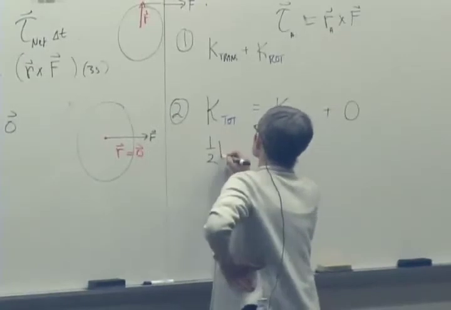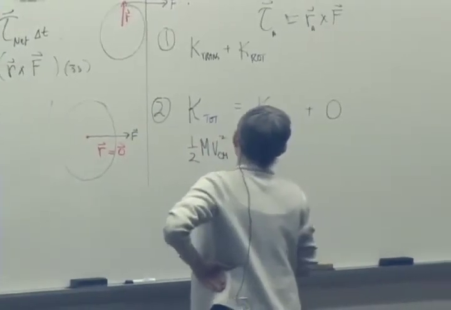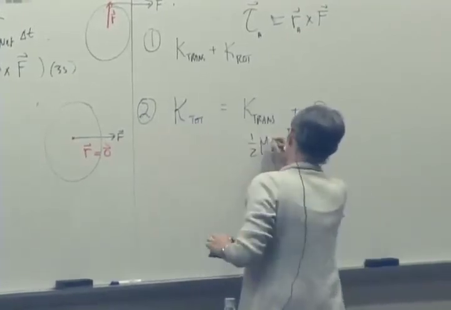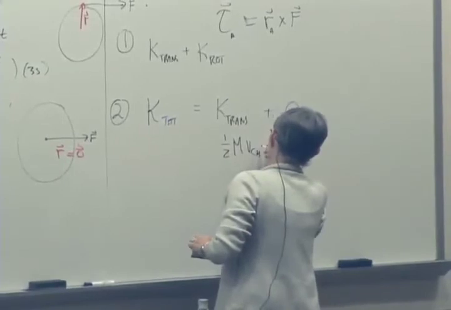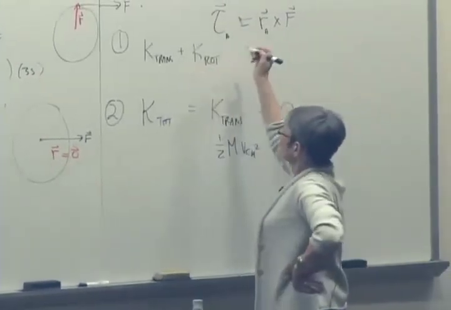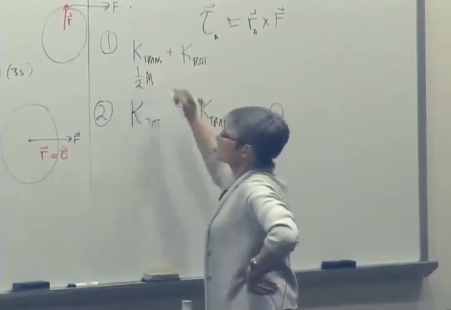So here we've got a half times the mass of the puck times the speed of the center of mass squared. That's this. Here we have a half mass of the puck.